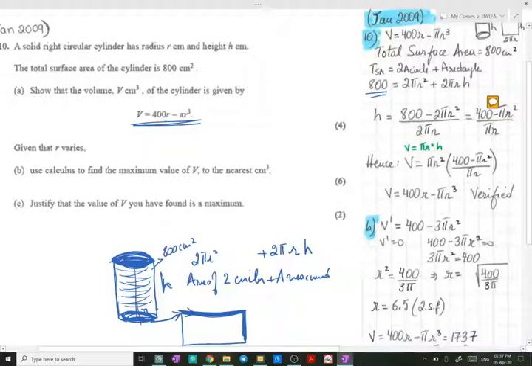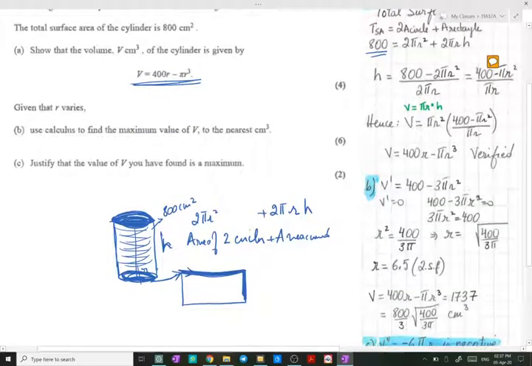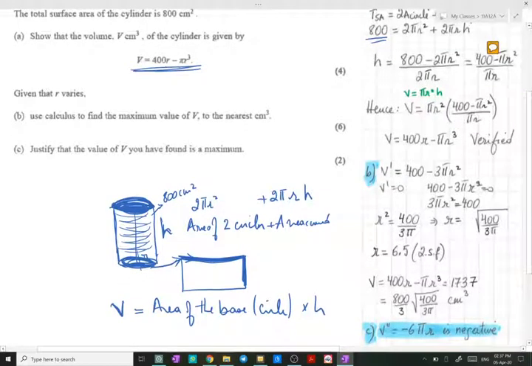The volume of the cylinder is equal to the area of the base, which is the circle, times the height. The area of the base is pi r squared.